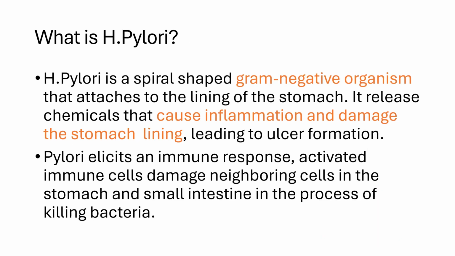Next, what is H. pylori? It is a spiral-shaped gram-negative organism that attaches to the lining of the stomach. It will release chemicals that will cause inflammation and damage the stomach lining, which will lead to ulcer formation. When there is H. pylori in the stomach, an immune response is initiated.